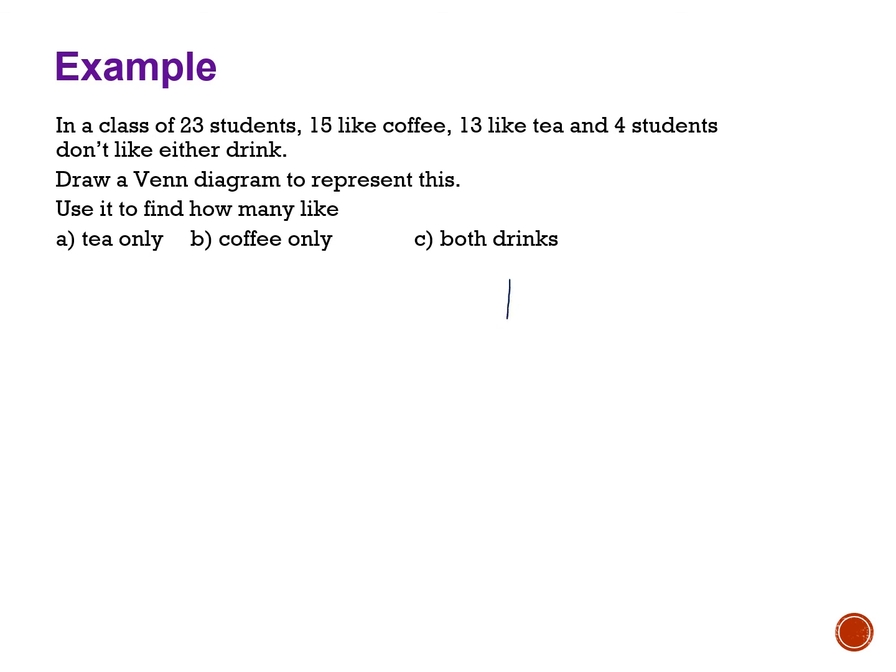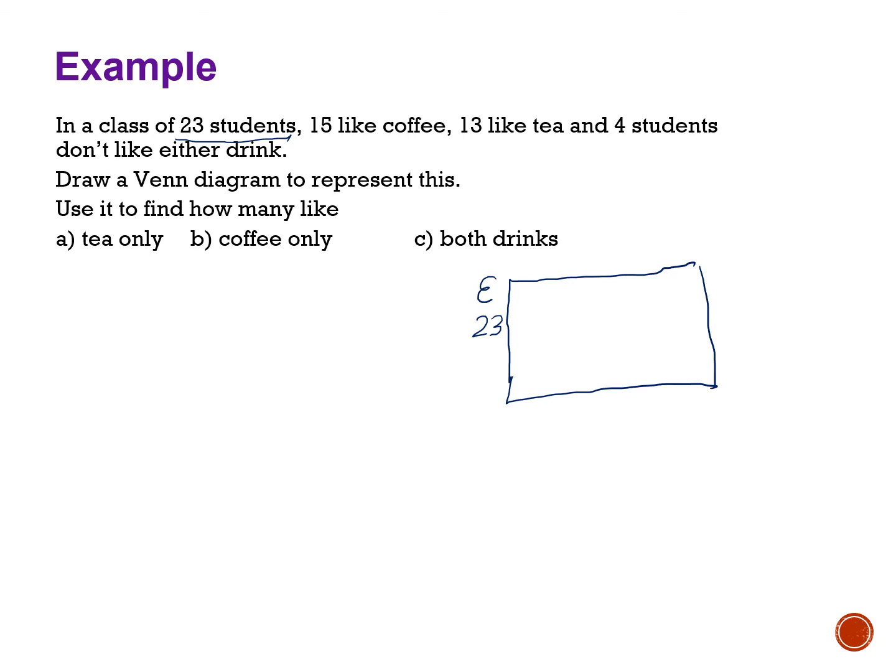So our Venn diagram, we're going to have a big box that goes round everything. This is the universal set, everything within that box, and that contains 23 students. So we should have 23 students within this box.